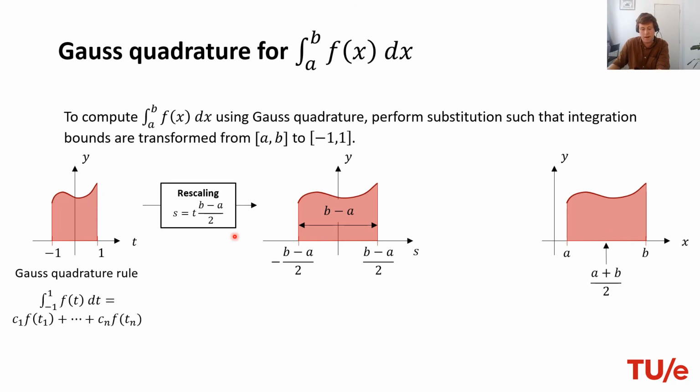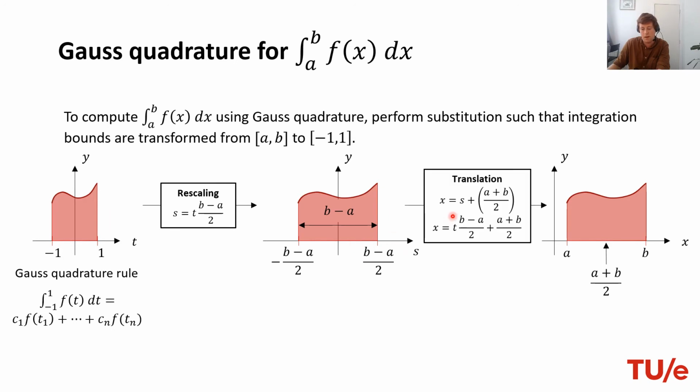Now, in order to find the correct location, this is centered around 0, and this interval is centered around a plus b divided by 2. So all we have to do, in order to get x from s, is add this midpoint to this interval, just to translate it into the point that these two coincide.